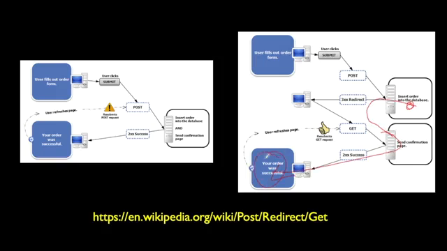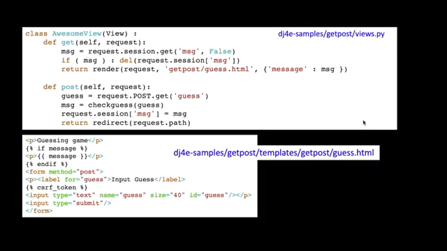So this whole your order was successful, often it knows the order was successful in the post code, so we have to send this to the next request, and we use the session to get it from the post request to the next GET request, and that's a technique called flash messages. And I'll show a simple way of doing that, and then later we'll show a more complex way to do this Django style.